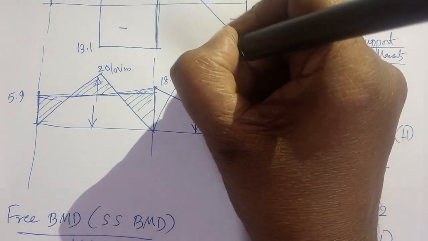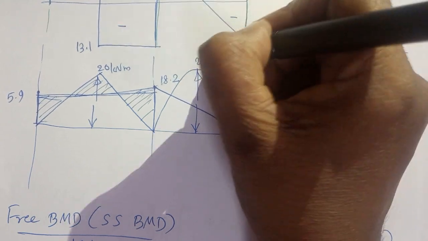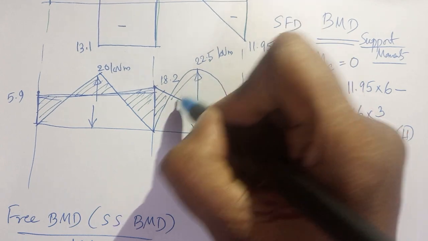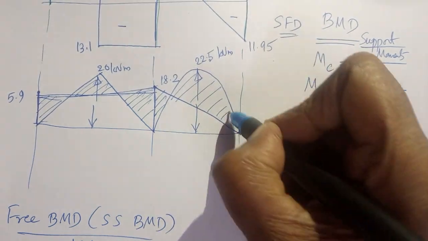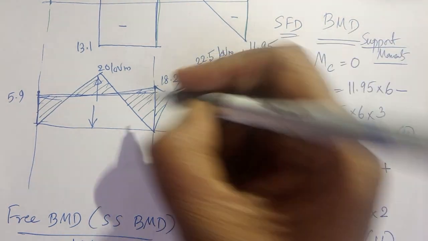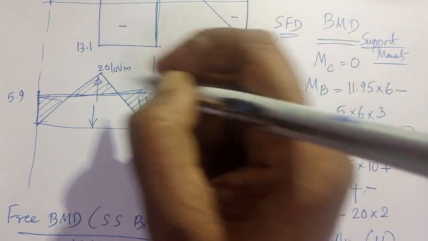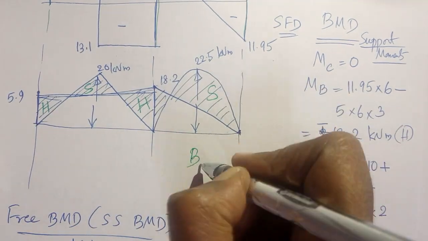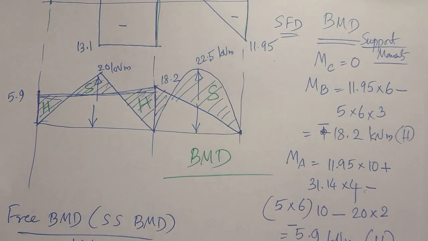This total value is 22.5 kilonewton meter. So hatch. This portion you mark it as sagging. This is hogging, sagging, hogging. And this is the bending moment diagram.